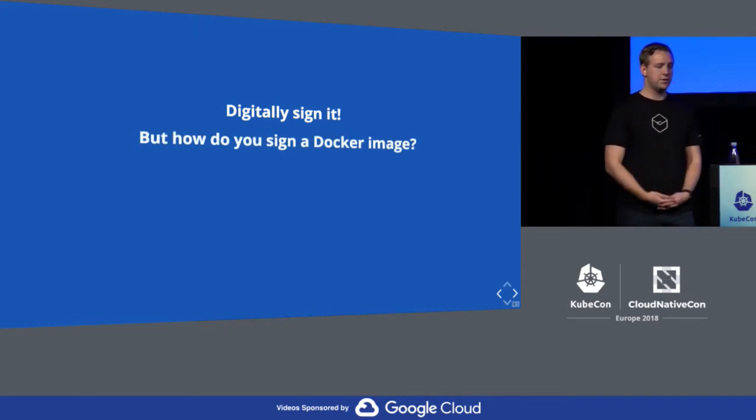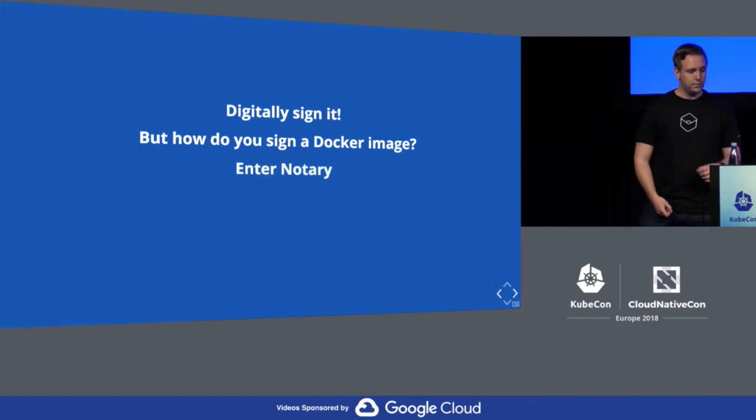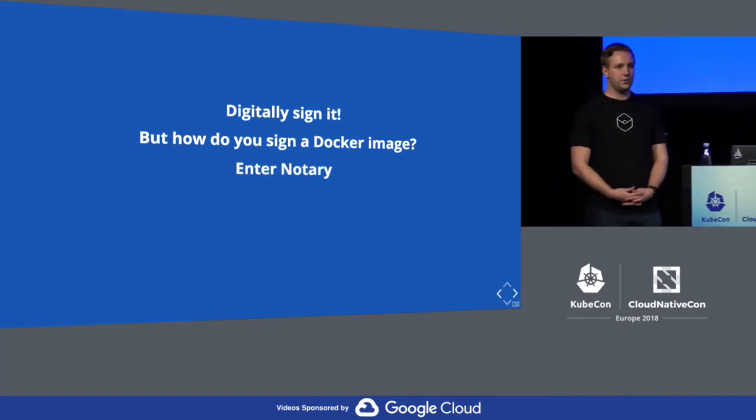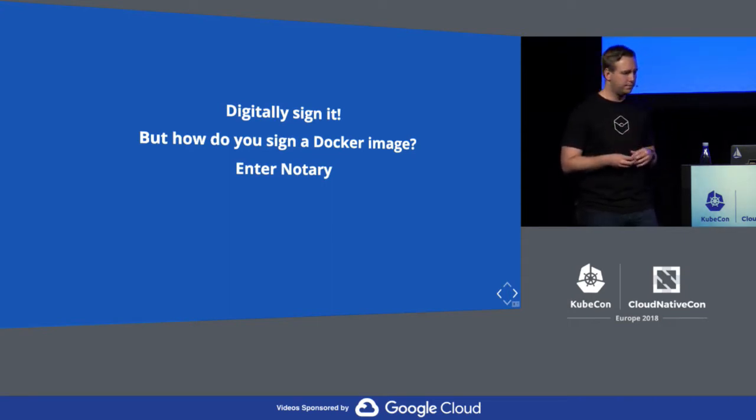But where do you store those signatures for container images? Enter Notary. Notary is a CNCF project that allows you to sign stuff. It first started out as being part of the Docker content trust stack. And it allows you to store trusted data and allows you to verify who has approved it.